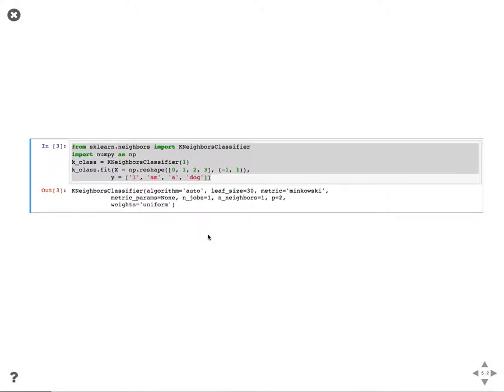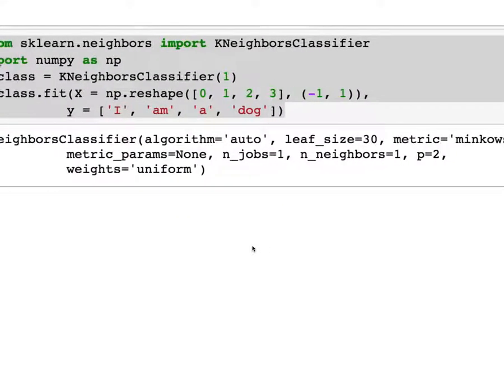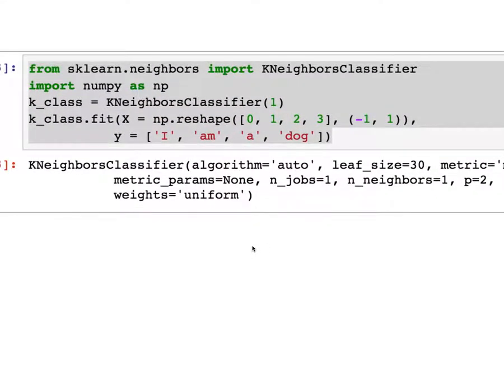For a very basic example of this, we can make one of these classifiers very simply, where our input is this x, which is 0, 1, 2, 3, and our output is this y, "I am a dog." We have clearly no linear relationship between the input and the output, but we're able to build a model that does this one neighbor classifier on this data set.